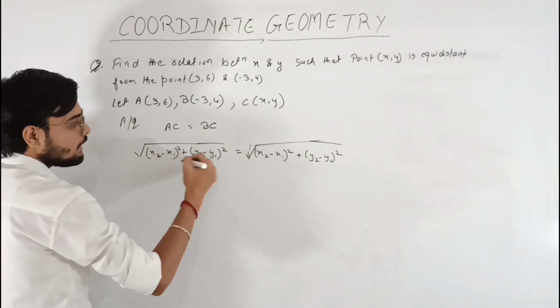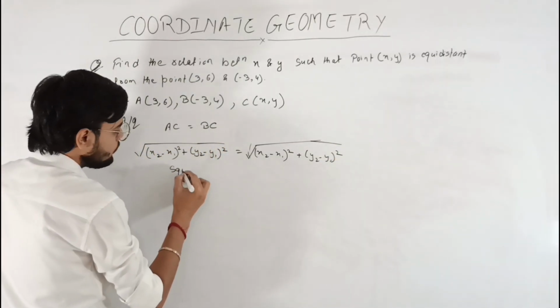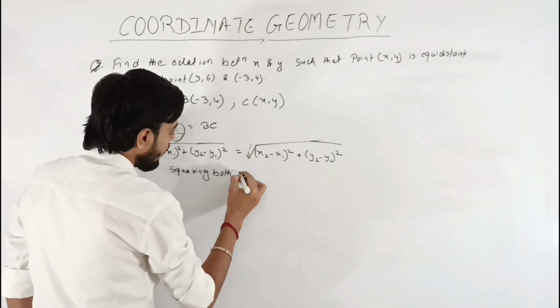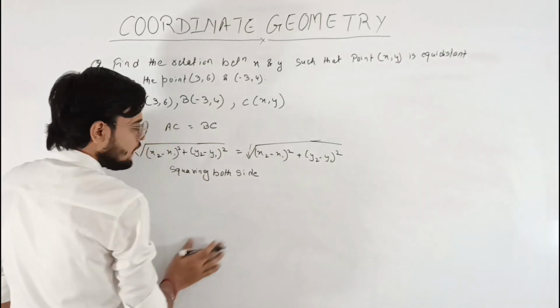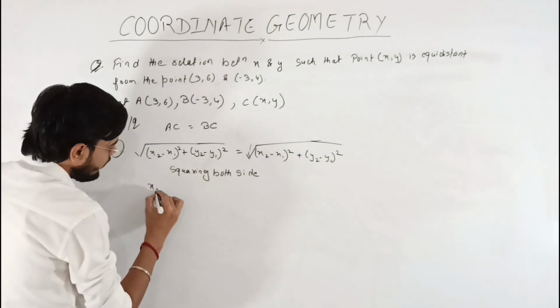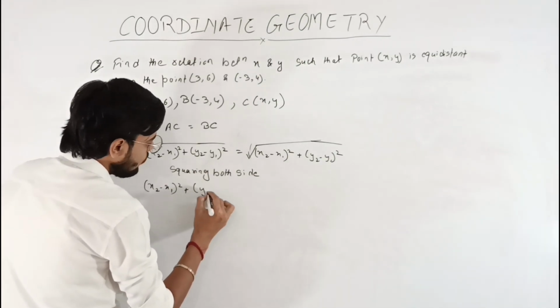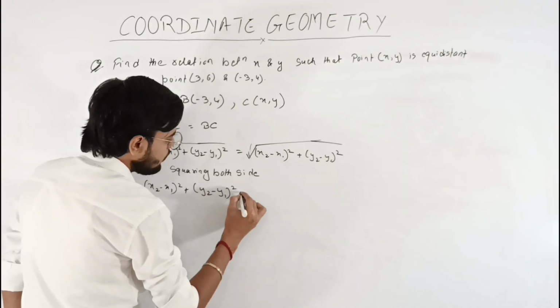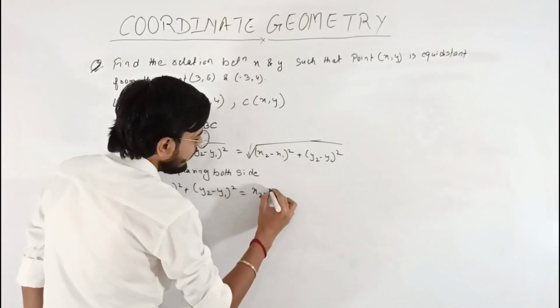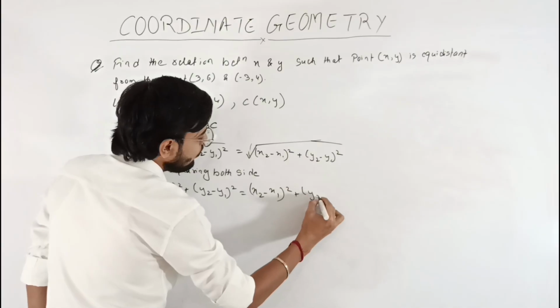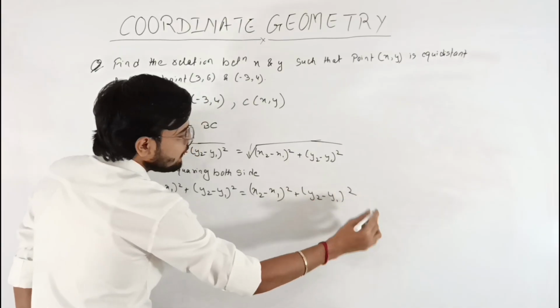Okay, now for cancelling the root, we do squaring both sides. Then our root is cancelled. Then we are left with x2 minus x1 square plus y2 minus y1 square equals to x2 minus x1 square plus y2 minus y1 square.